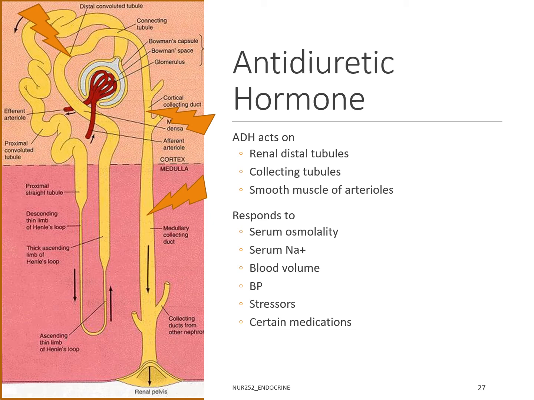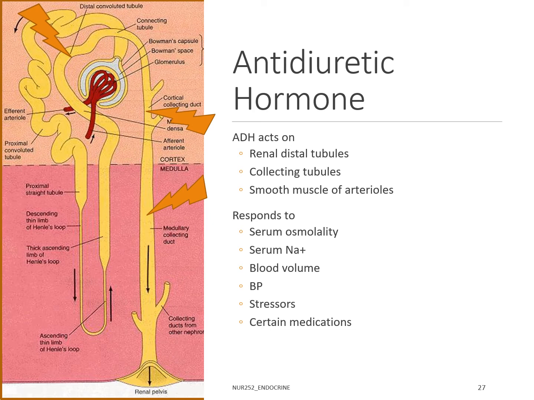Under normal conditions, ADH is released in response to the following: increased serum osmolality, which is the primary stimulus, elevated serum sodium levels, a decrease in blood volume of greater than 10%, a 5 to 10% drop in blood pressure, stressors such as trauma, hypoxia, pain, and anxiety, and nausea and vomiting, narcotics, barbiturates, anesthetics, and chemotherapeutic agents.